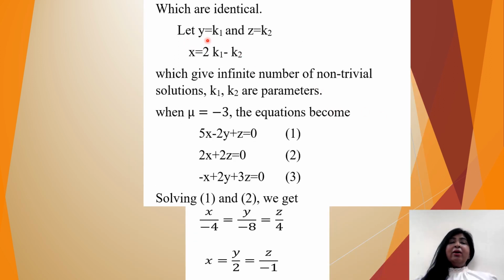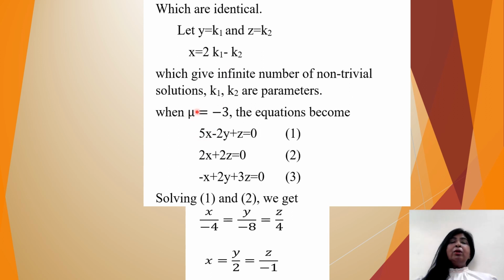Now let us take y is equal to k1 and z is equal to k2, because all the three equations are the same. So one equation in three variables. This will give you the value of x, which comes out to be 2k1 minus k2. Now k1 and k2 can take any value, so we will get infinitely many solutions.